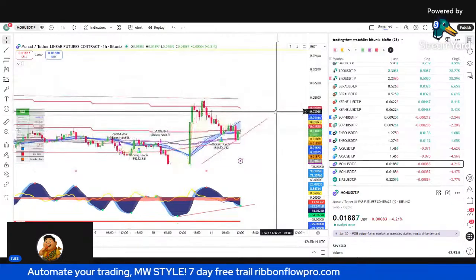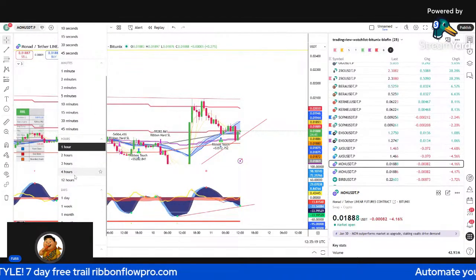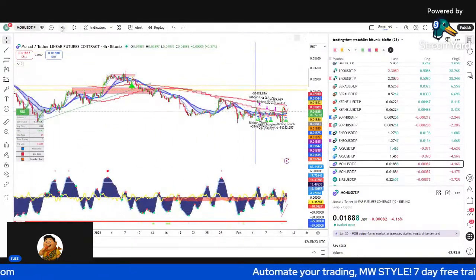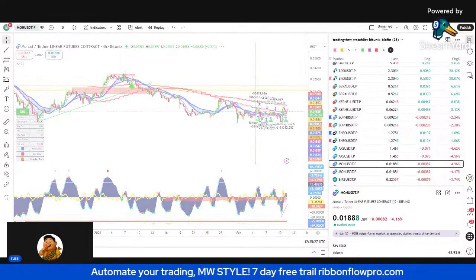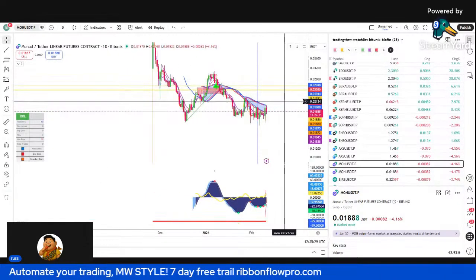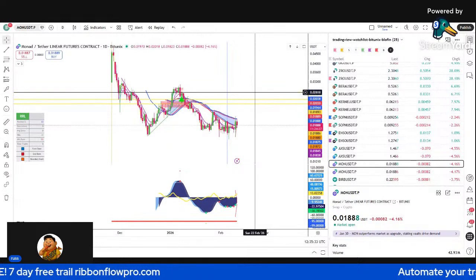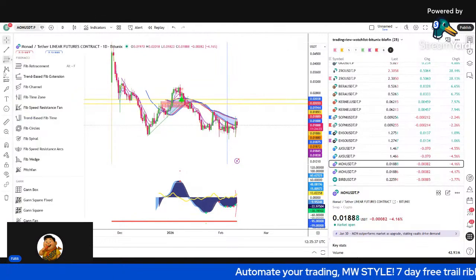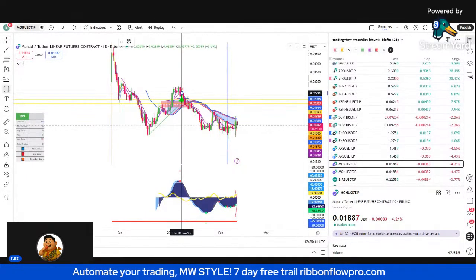Maybe we could see VWAP poke up, and we could see a little break above what would be a target on Monad. Maybe just target an OB. It's rejecting off the daily. I think if Monad did break out, then a target could be up here.